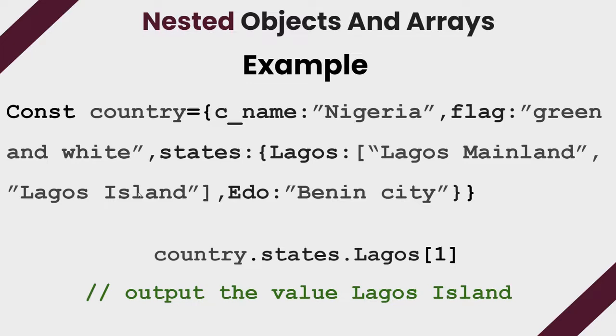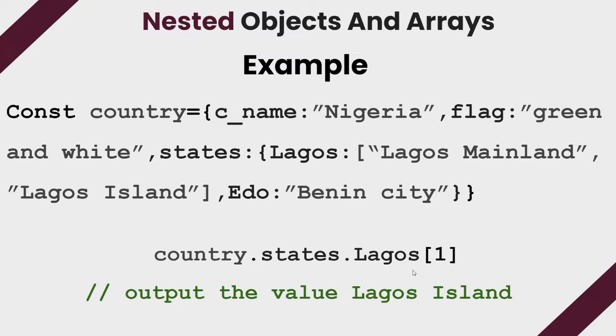So here I'm actually making reference to Lagos Island. And for me to do that, you would begin with the object name, which is country. Next, you would reference it by the key that has the value of the object, which is state. Now, the next referencing would be by the key value pair, since it's an object, and that's Lagos.